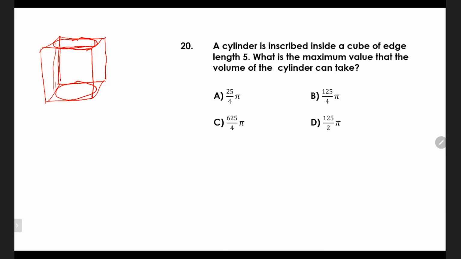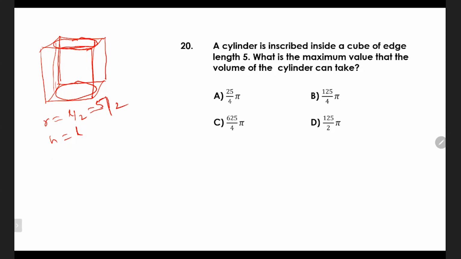This is the cylinder. So the diameter of the cylinder is equal to the side of the cube. So the radius of the cylinder is length by 2, that is 5 by 2. Height is also equal to the length of the cube.